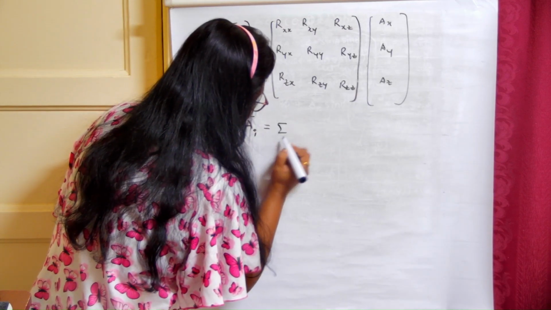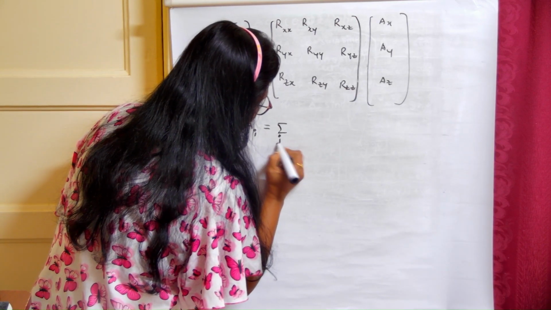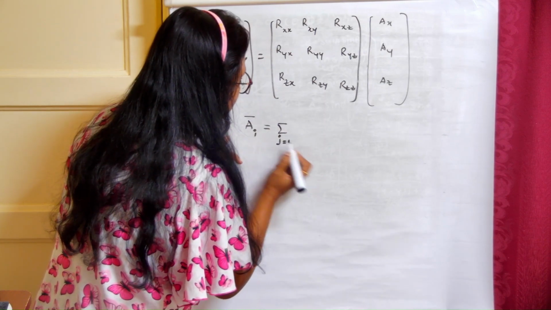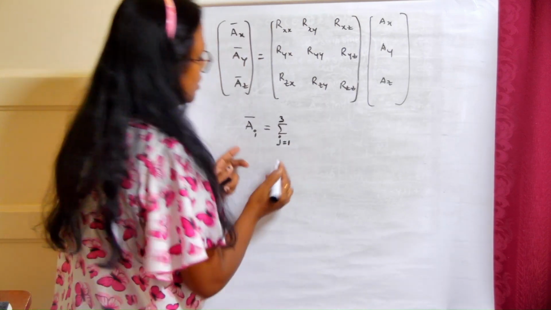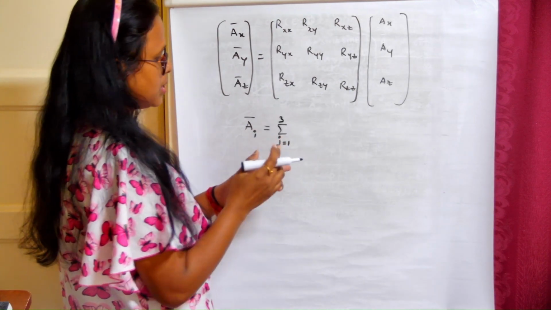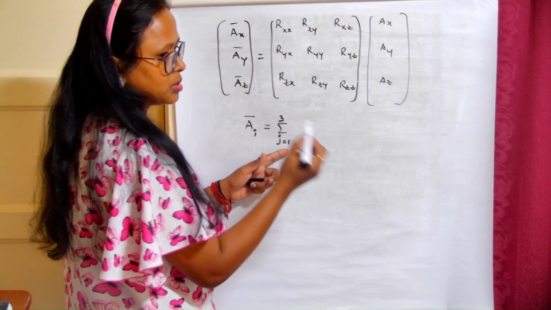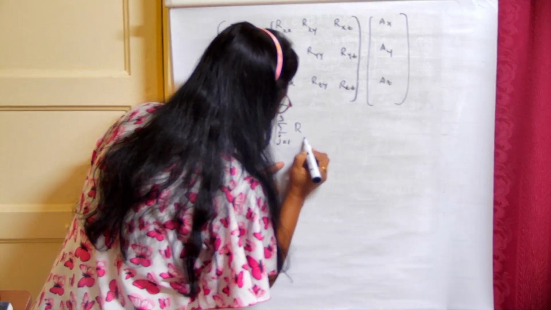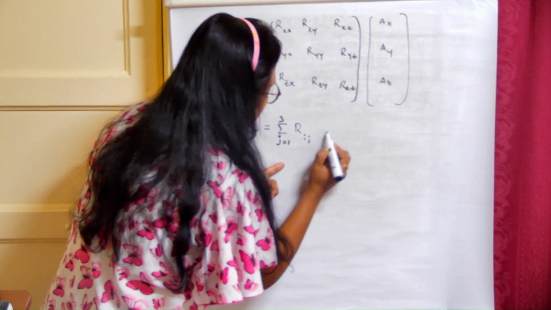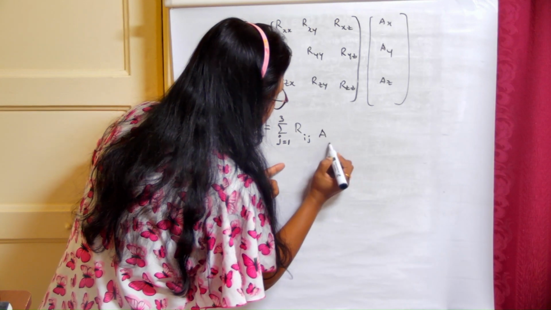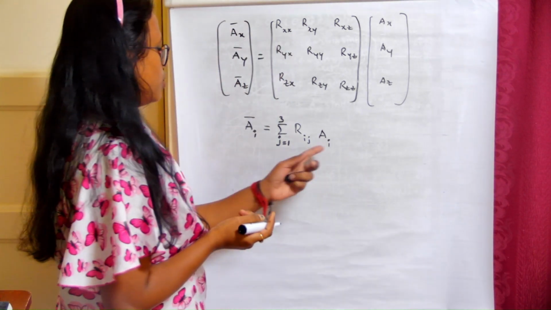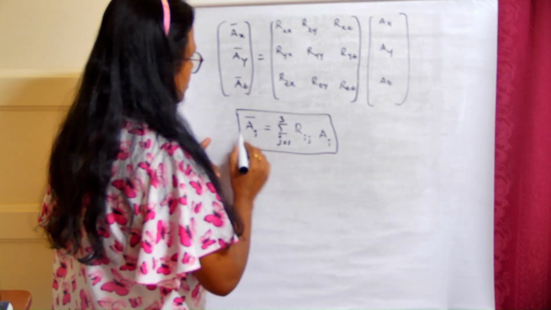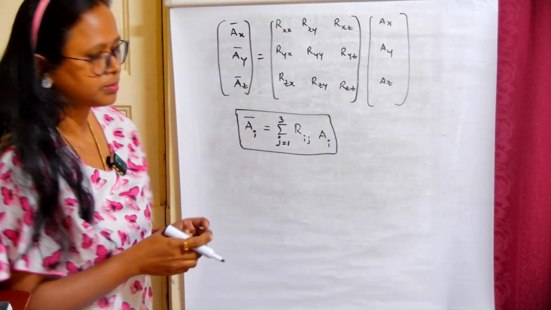And let me take another variable j, which loops from 1 to 3. Each number is for each axis: 1 is for the x-axis, 2 is for the y-axis, and 3 is for the z-axis. Here comes the term Rij and the old coordinate. This is the most compact way of representing this transformation.